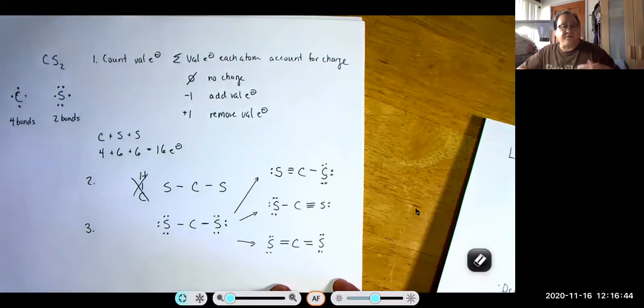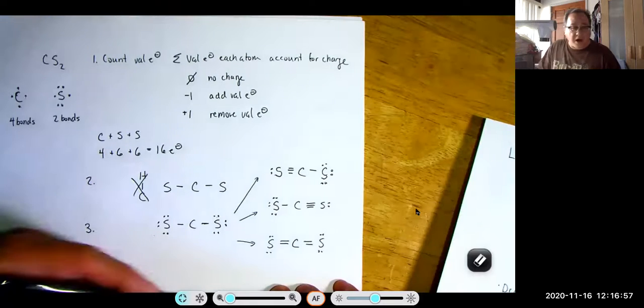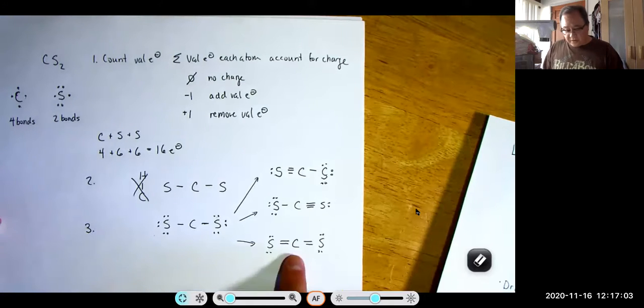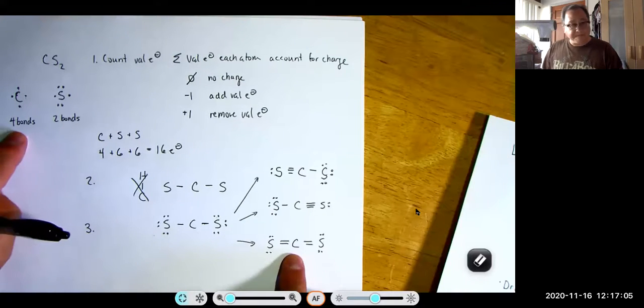One way to evaluate the Lewis structures is to ask yourself, do all of the atoms have the bonds that they usually make? Because if they do, that's a pretty darn good Lewis structure. Do any of these have that? It's this one here. Carbon normally makes 4 bonds, and there's a carbon with 4 bonds.